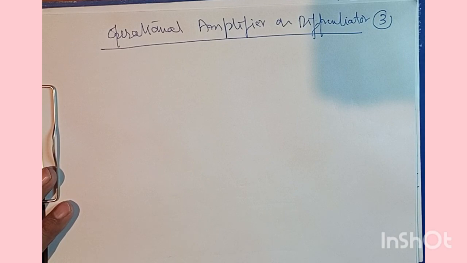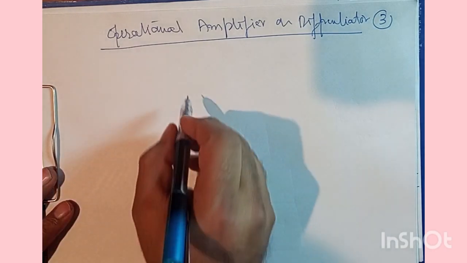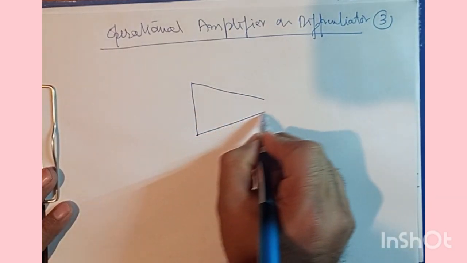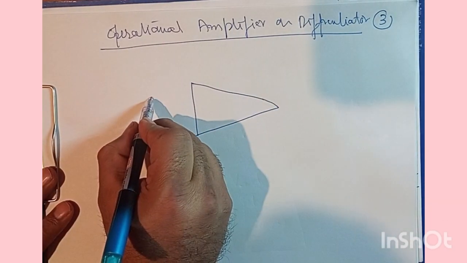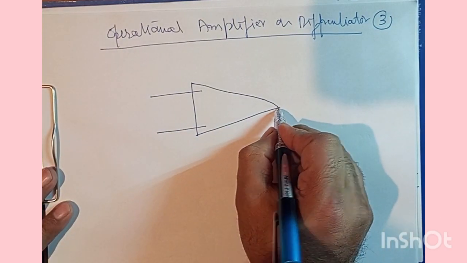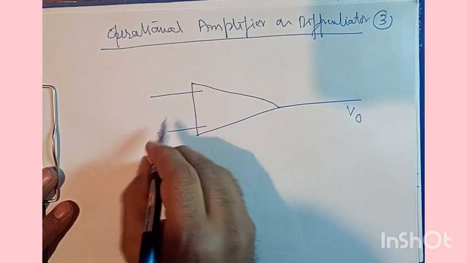For this case, we can think of an operational amplifier like this, having input terminals like this, having an output V out.